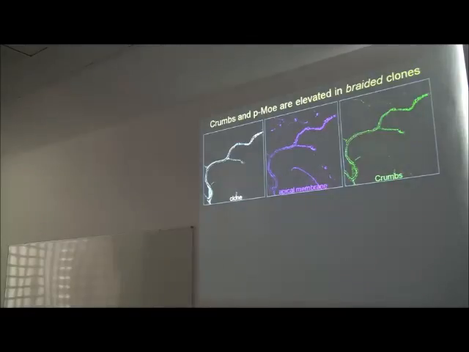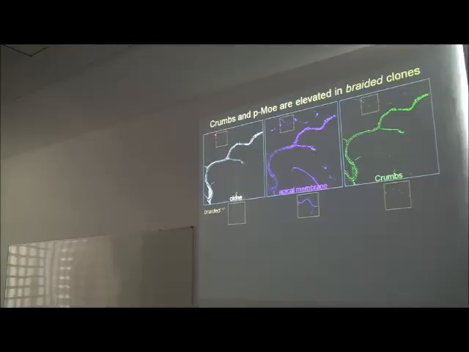Okay, so next we wanted to understand at the cellular level why we're getting these dilations in the tube. One of the first things we noticed is a great accumulation of Crumbs and phosphomoesin in the apical membrane. These are antibody stains in a filleted larva.